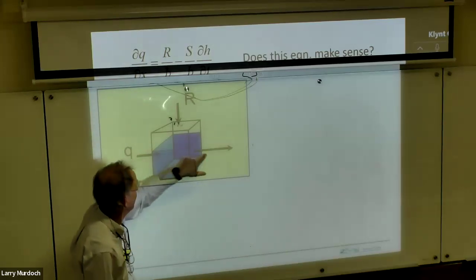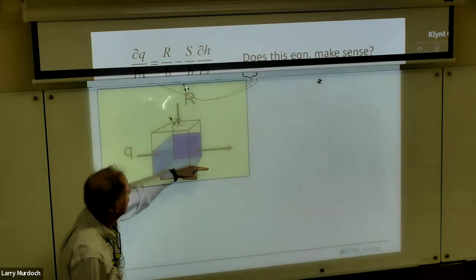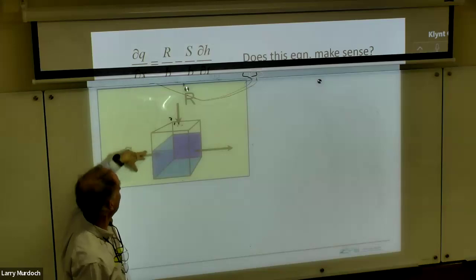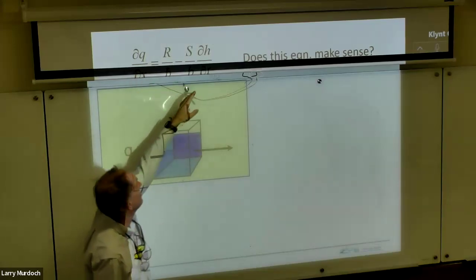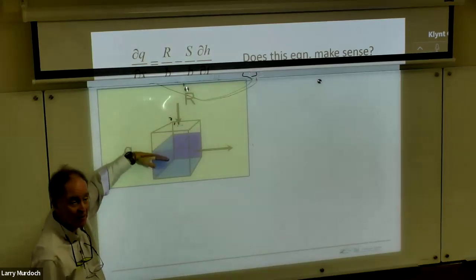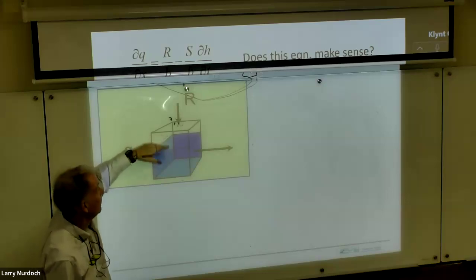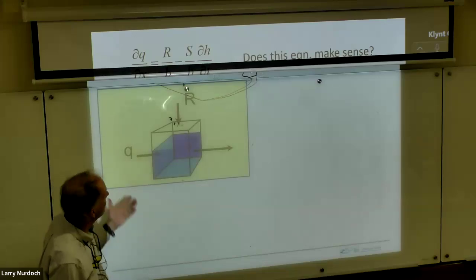This would be positive, right? The flux is increasing in the X direction, so in this scenario it would be positive. And then dH/dt is how the head changes with time, the rate at which it changes. If that's positive, then it's going up, and if that's negative, it's going down.